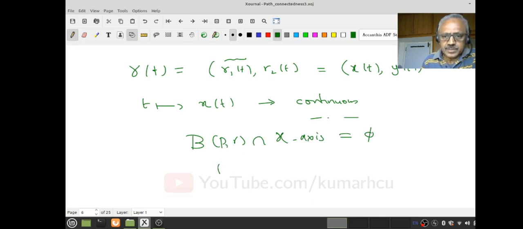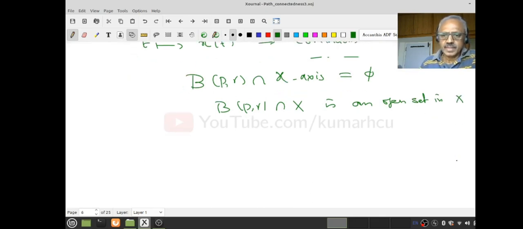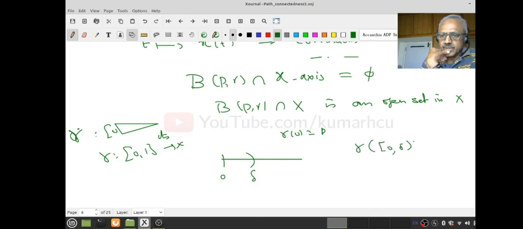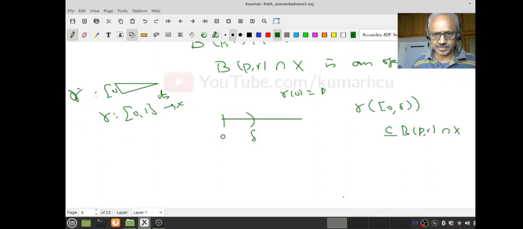Now since B_P(R) intersection X is an open set in the subspace topology, and gamma is continuous from [0,1] to X, and remember gamma(0) is p, therefore there exists a delta so that gamma([0, delta)) is contained in B_P(R) intersection X, because gamma takes values only in X. Do you follow that? This is by continuity.